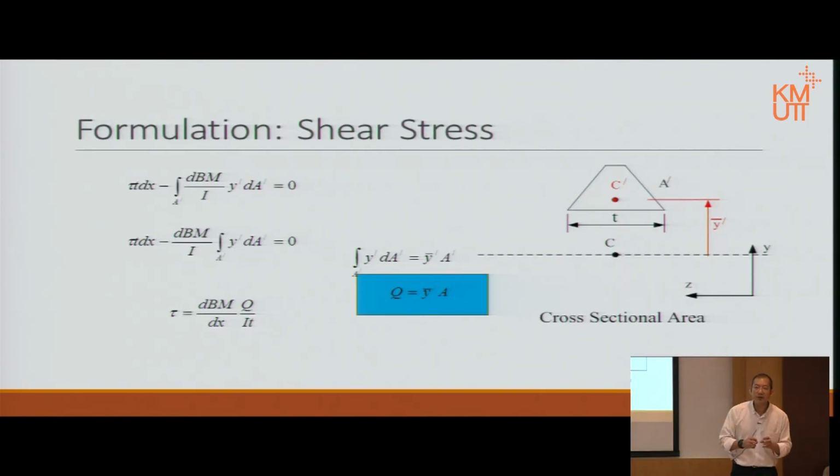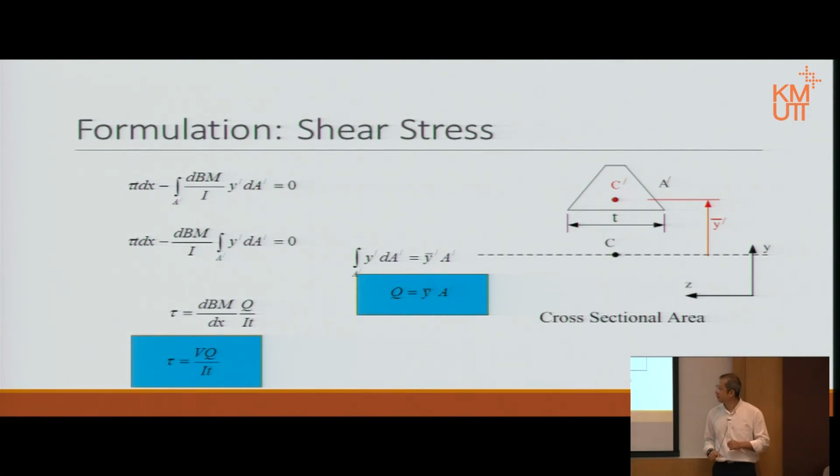Now, if you differentiate bending moment with respect to x, what do you get? You get shear, and therefore we can find the shear stress from that equation. That is the formulation we used.